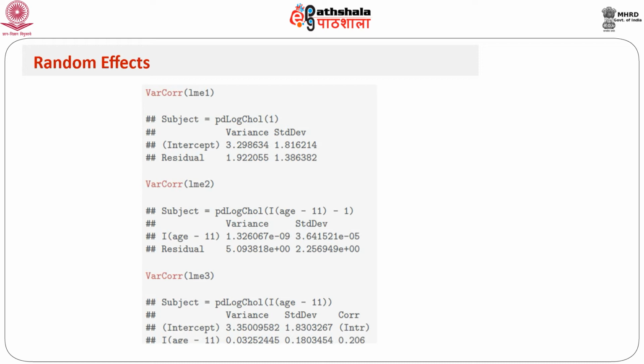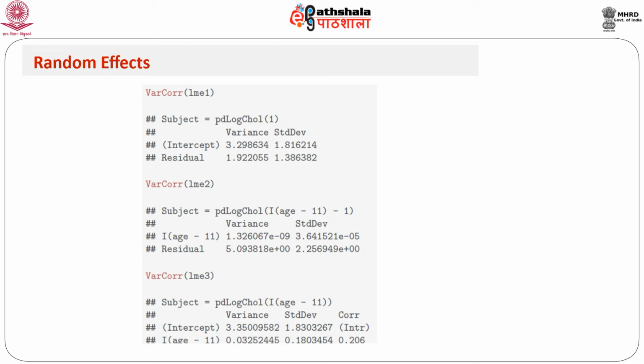So all the variability is mostly coming from the intercept level, and this is confirmed by the random intercept random slope model. If we use the random intercept random slope model, we see that the variance for the intercept is 3.35 and at the slope is 0.03.